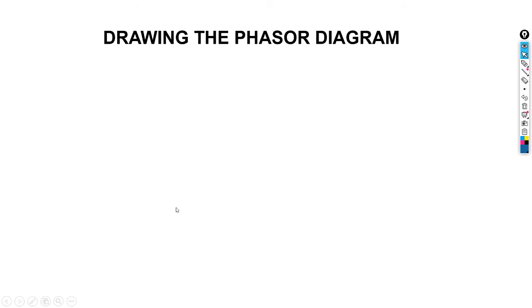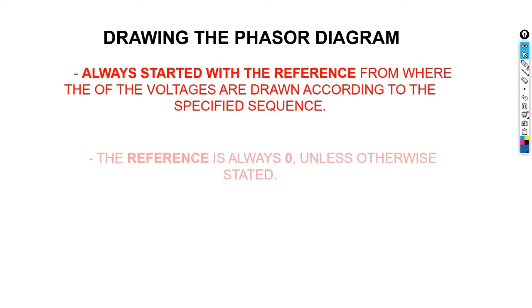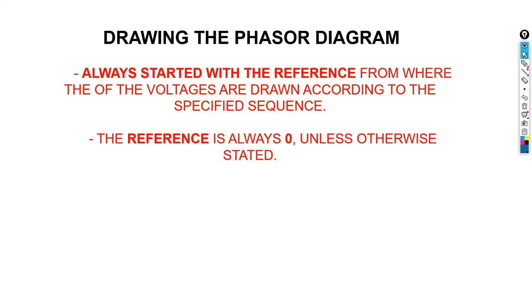when drawing the phasor diagram with a positive phase sequence, always start with a reference. Okay, and then the second one, the reference is always 0 unless otherwise stated. So if our reference is not given, we're going to use 0 degrees as a reference, but in the case that we did, the reference was 20.